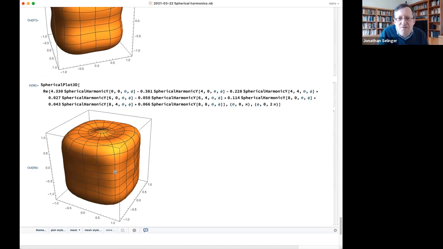I would need an infinite number of spherical harmonics to do that. But this is the best I can do for going up to L equals 8 and M equals 8. And so it's not bad. It looks like a cube. And we could do similar things with any shape, a pyramid or something else.